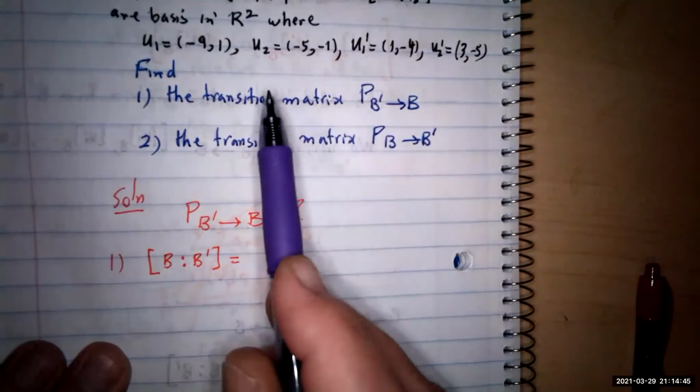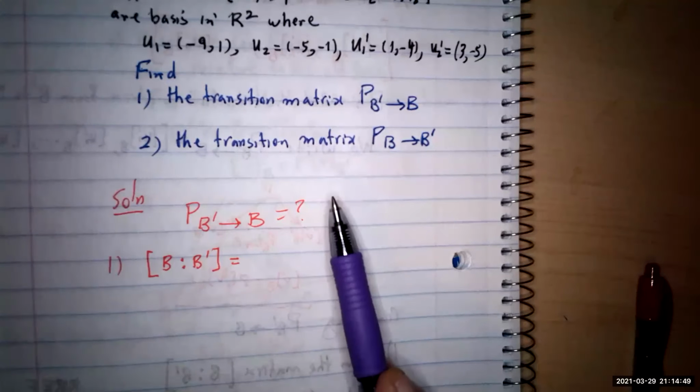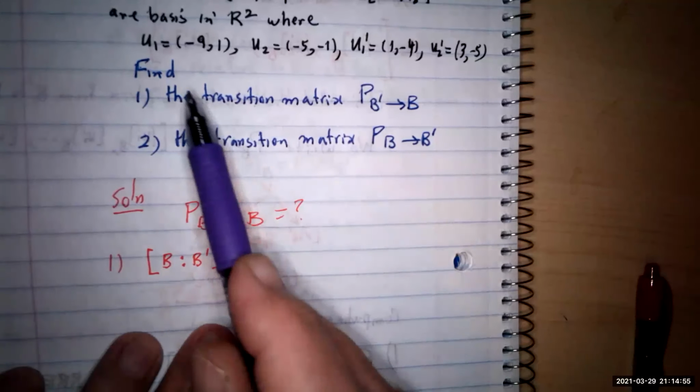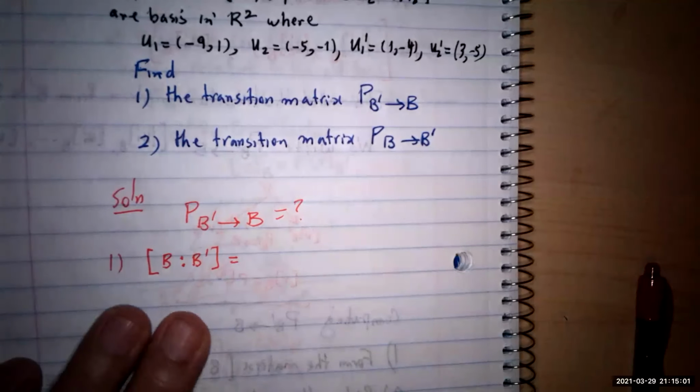For the B, we have U1 and U2, and they are going to be the column matrices. So this is going to be the B and the B prime. You put them as column matrices to go on.